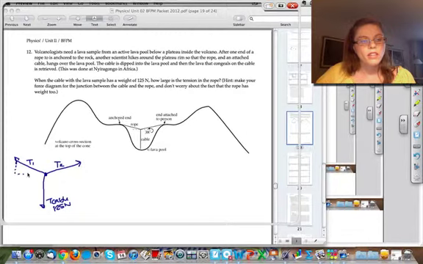And again, we will find our components of this. We always look at the components. If something's at an angle, you always go to the components. This is 38 degrees, and over here this is 38 degrees.